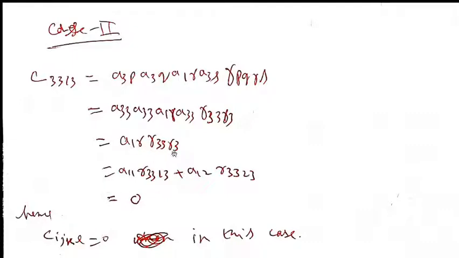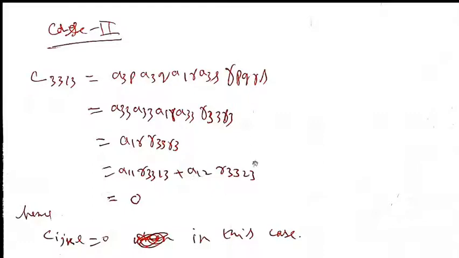When you will open the summation on R, you will have A11 gamma 3313 plus A12 gamma 3323 plus A13. A13 is 0, that is why we did not write those terms.